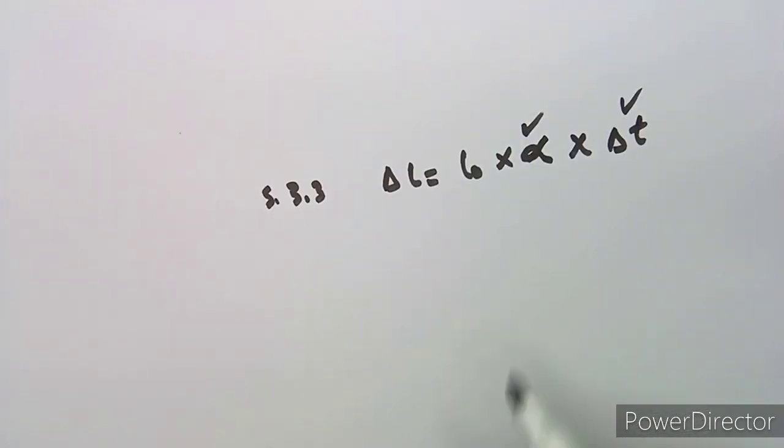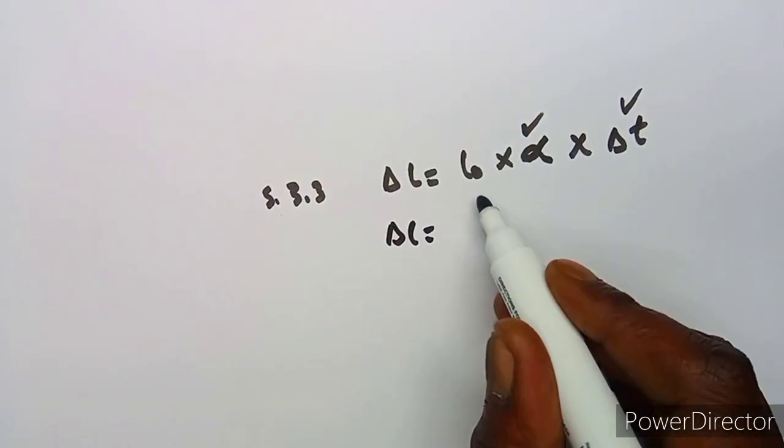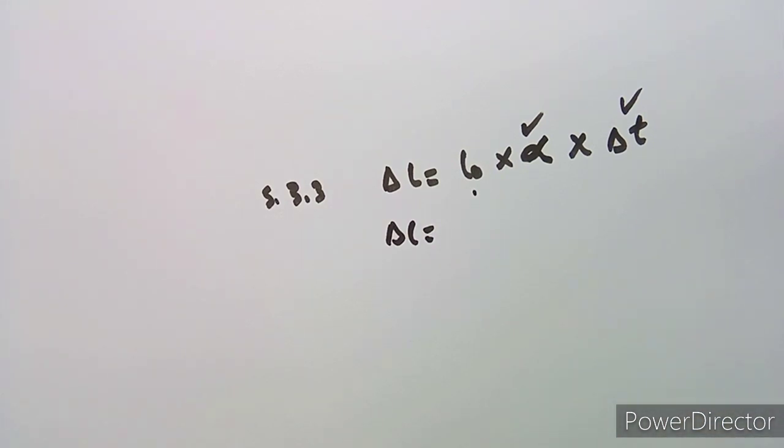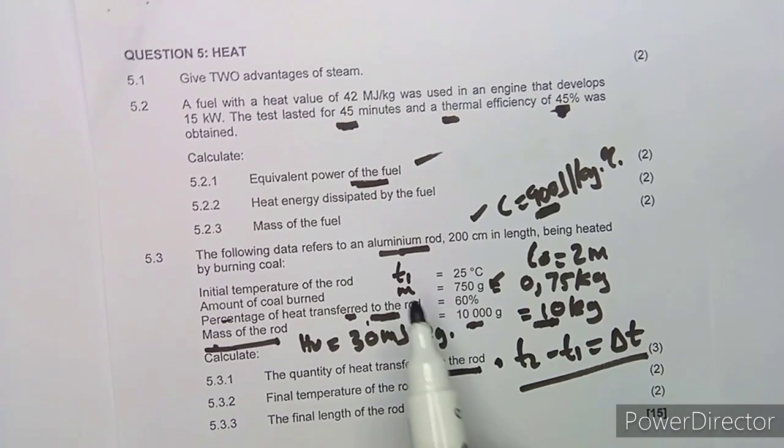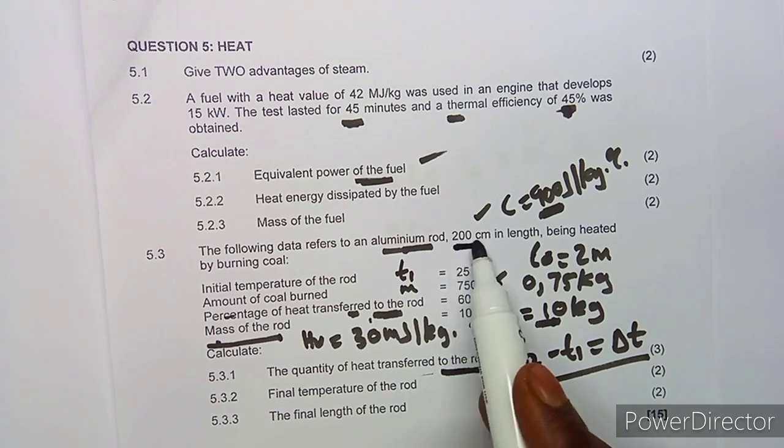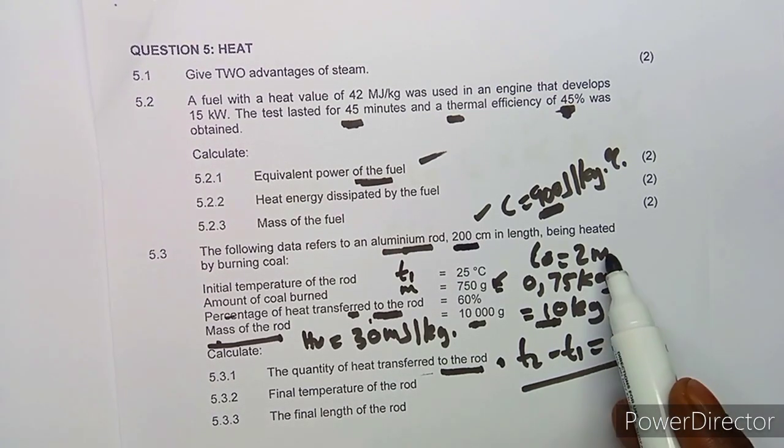All right, so our change in length is going to be the original length. Remember guys, when we listed our information, we said this is an aluminum rod which is 200 centimeters, which we said is 2 meters.